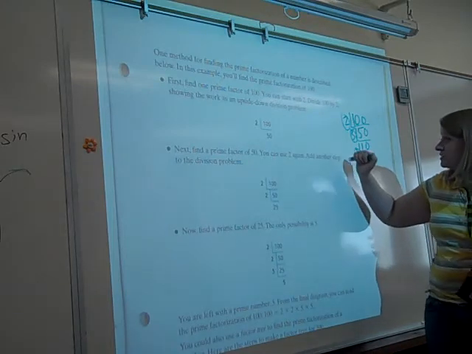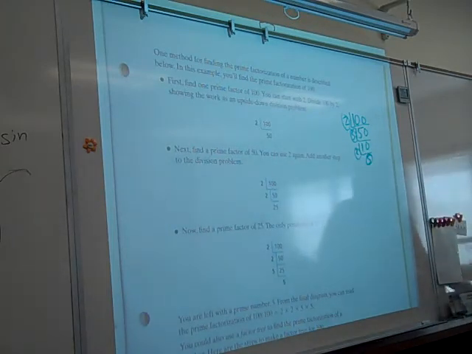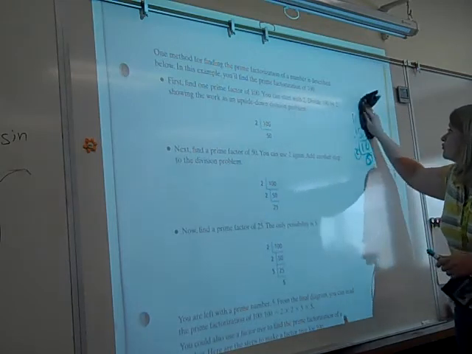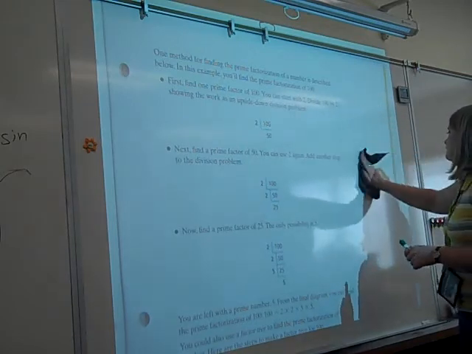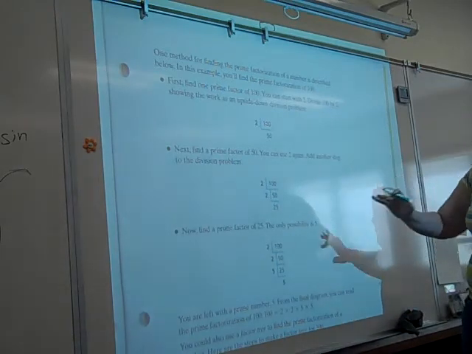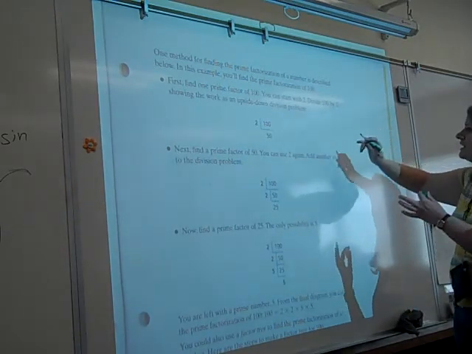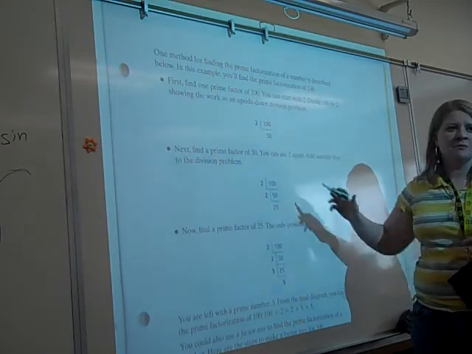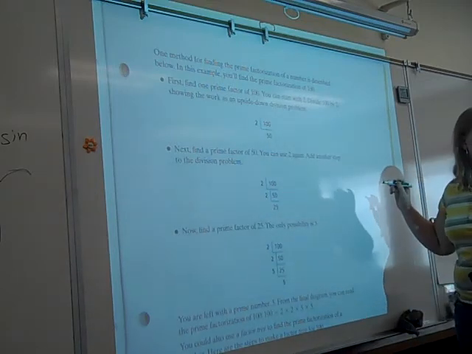Okay? So this is one method. Our second method is using what we call a factor tree. Everybody say factor tree. Now a factor tree is based on the same basic principles, but instead of just dividing by prime numbers, we can divide by whatever numbers we want.